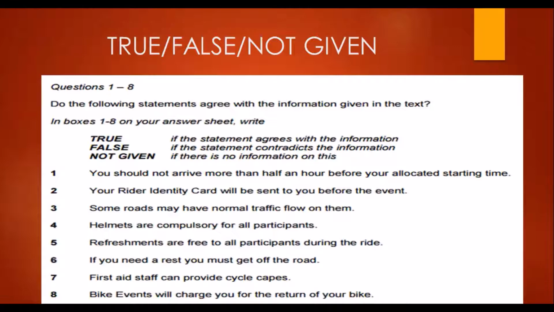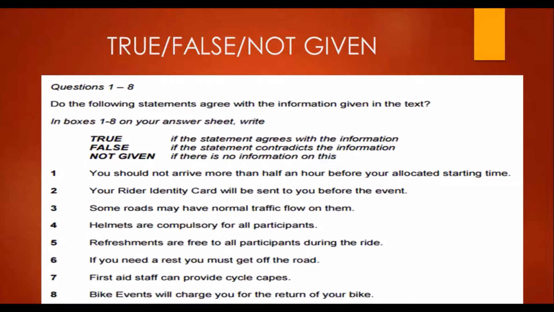Sometimes your T may look like J, your F may look like I. In order to avoid such confusion, I always advise my students to write in full letters, only in capitals: write TRUE for true, FALSE for false, and NOT GIVEN for not given.